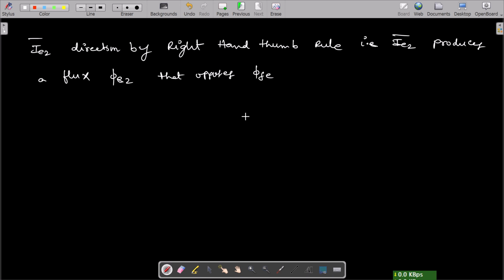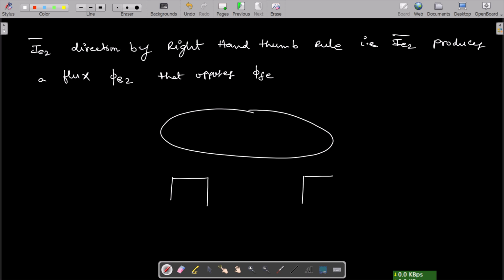We are going to have the disk now, and we have phi SE. This phi SE is going to provoke an opposition, phi E2 opposite, and here also it is going to produce an opposite phi E2 like this.